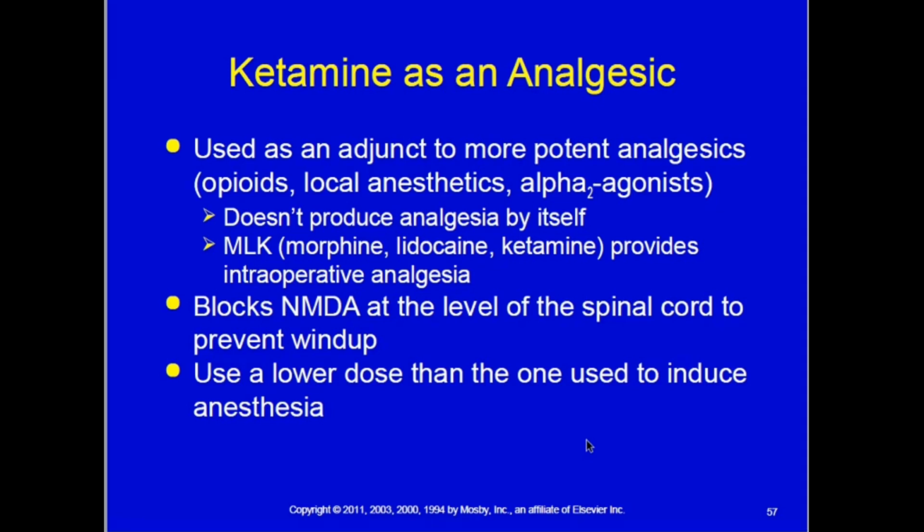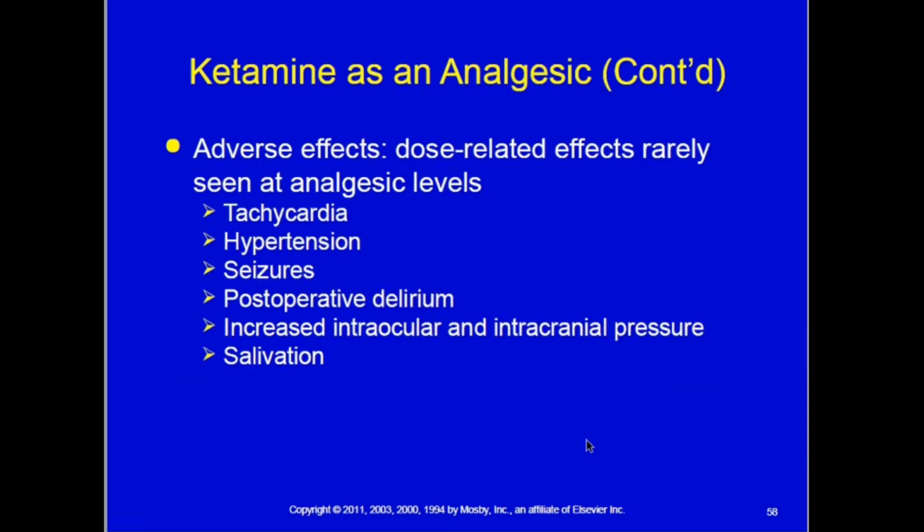The dose of ketamine as an analgesic is 0.25 to 0.5 mg per kg, but if we use it as an anesthetic induction agent, the dose is 2 to 3 mg per kg. Adverse effects of ketamine as an analgesic depend upon the dose, how much you have given.